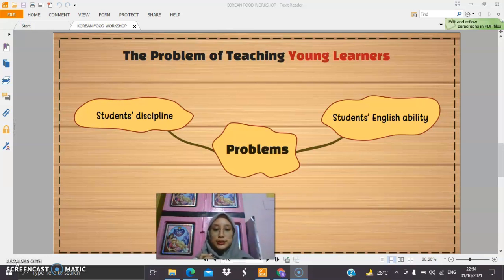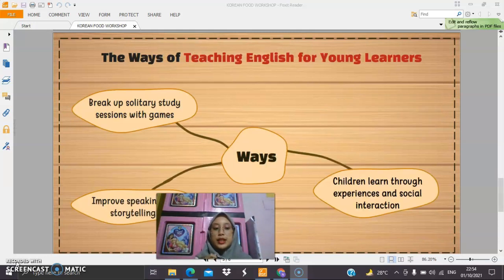And now let's look at the ways of teaching young learners. First is breaking up solitary study sessions with games. Games are fun activities that give young learners a chance to practice English.